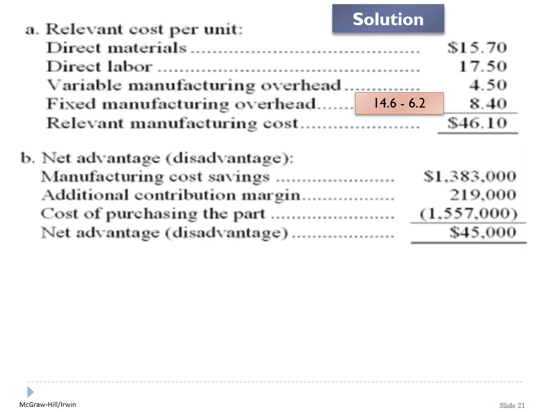Net advantage or net disadvantage: manufacturing cost saving, which equals 1,383,000, plus additional contribution margin, which equals 219,000, minus cost of purchasing the part, which equals 1,557,000.